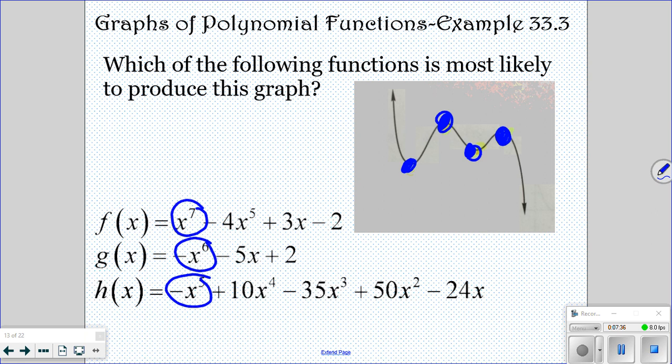the endpoints. As it goes to the left, it's approaching positive infinity, and as it goes to the right, it's going down. So if you remember this from pre-cal, x squared, when it's positive, is going to look like this. X to the 3rd, when it's positive, is going to look like this. X to the 4th, when it's positive, is going to look like this.